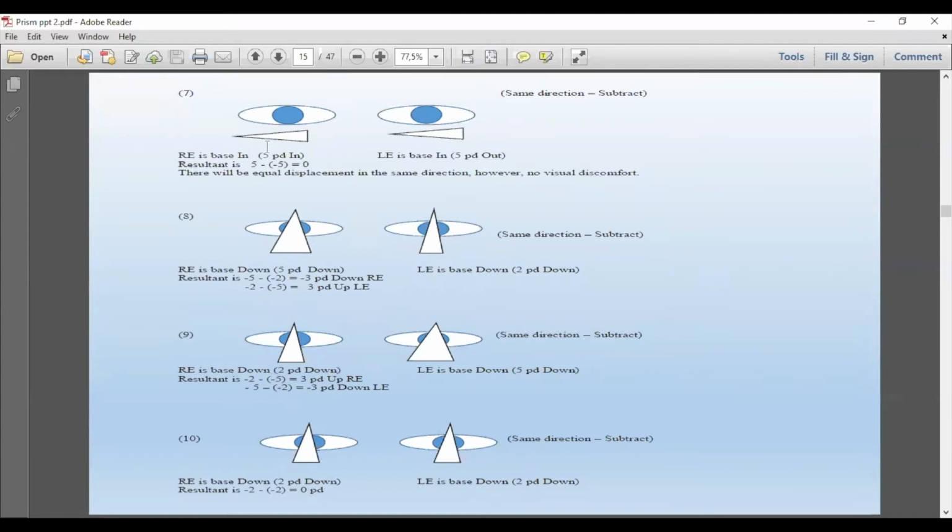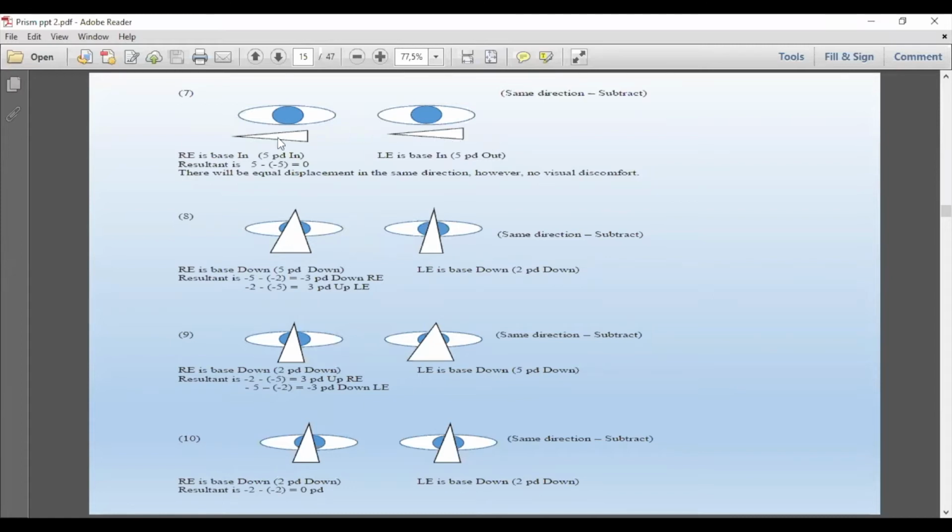If these powers were different, which we'll see later on, then we'd have a difference, so there will be a prismatic effect. But if your displacement is the same, in the same direction, one eye isn't fighting the other eye to focus. Your displacement is exactly the same.